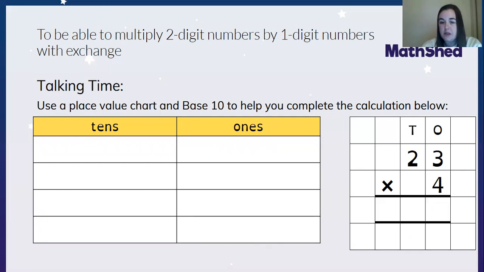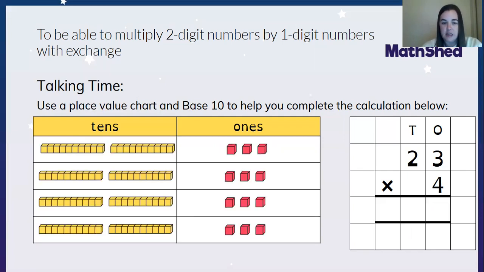Another one, we've got 23 times 4. So here are the Deans with 4 lots of 23. We're going to start off in the ones column for the column multiplication. 3 times 4 is 12. So we write the 2 in the ones column for the answer and we put the 1 underneath the tens column to add on once we've done the tens column multiplication.